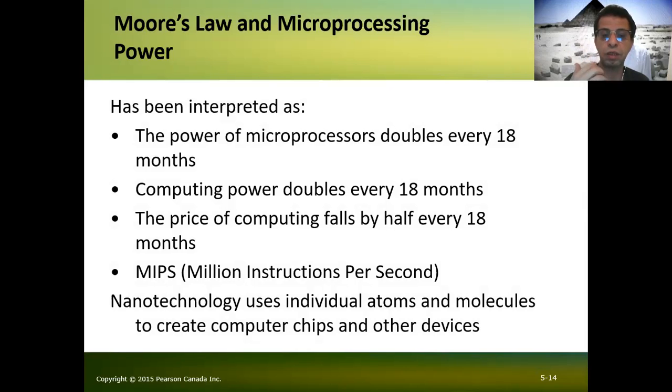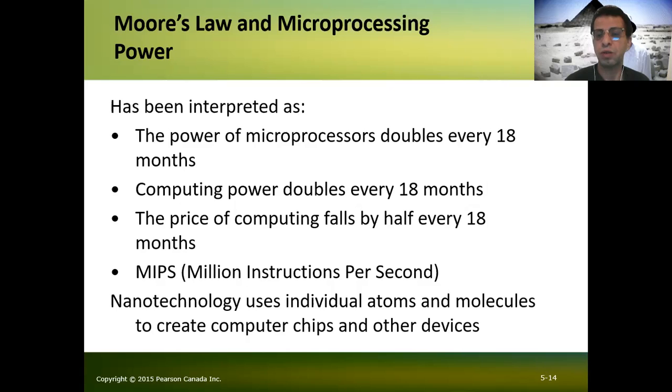That's what makes it so easy, as processors get quicker, storage gets bigger, and more programming comes to the market. And these days they talk about MIPS, which is million instructions per second.